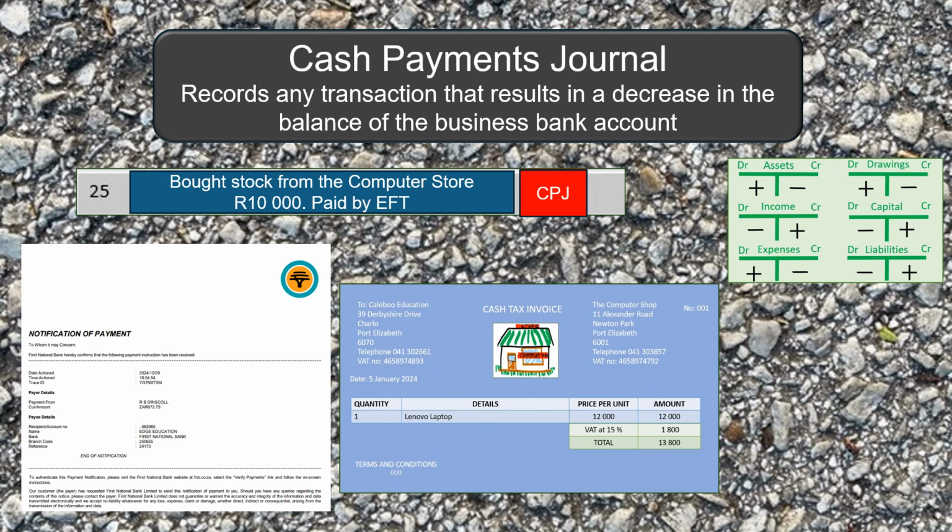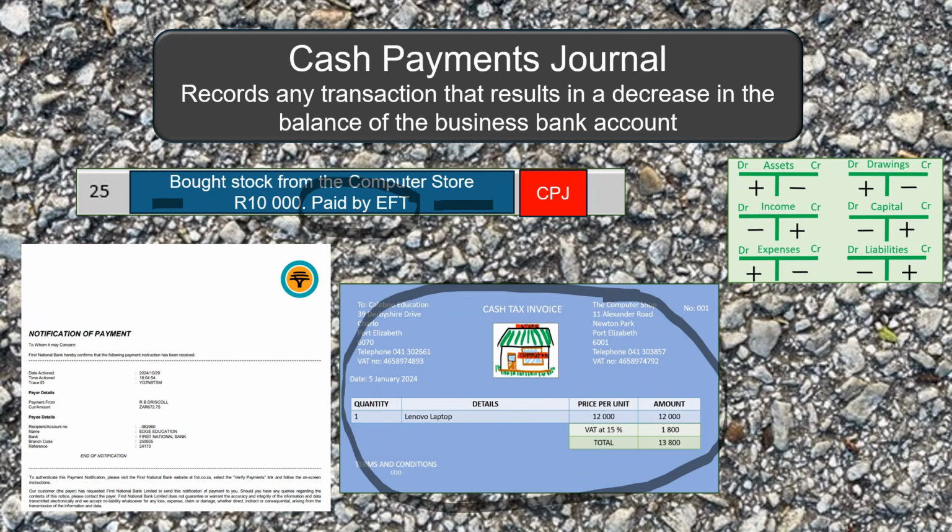Right, next transaction, bought stock from the computer store, paid by EFT. Now this here is a cash transaction. We have bought stock from the computer store. So what happened was, the computer store sent this, or gave us, and we are Calibre Education, this tax invoice.